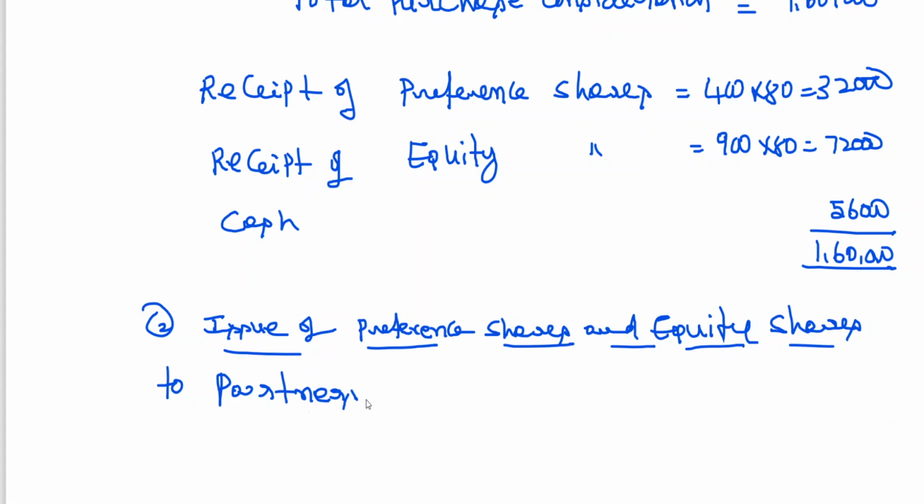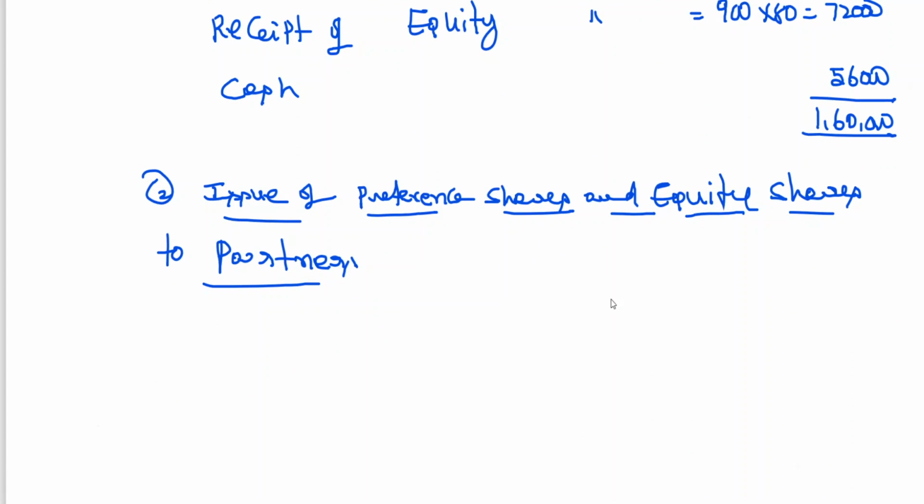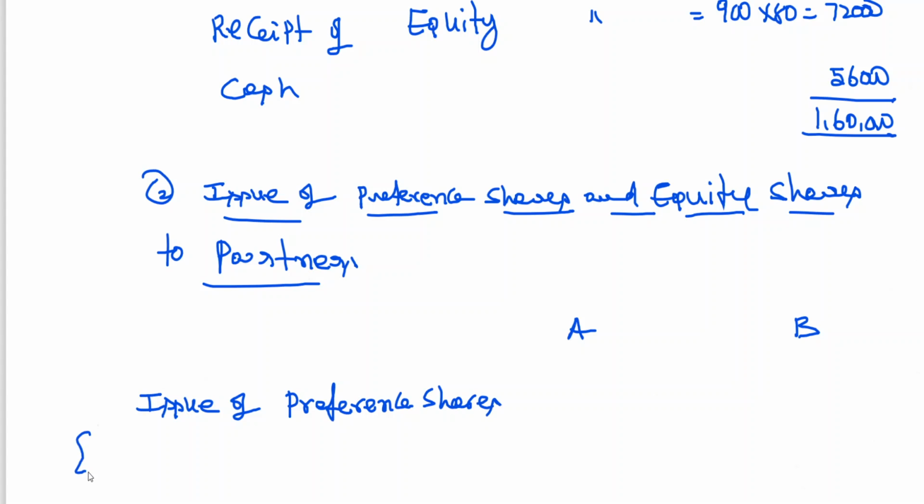Here we have two partners, A and B. Issue of preference shares: the total preference shares are 32,000 rupees, as we already calculated.